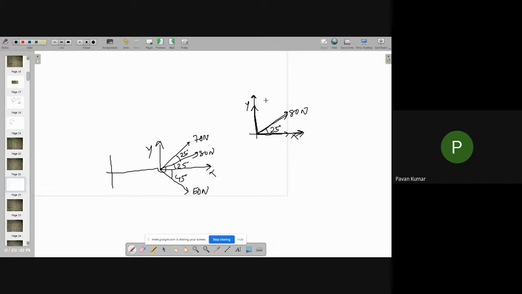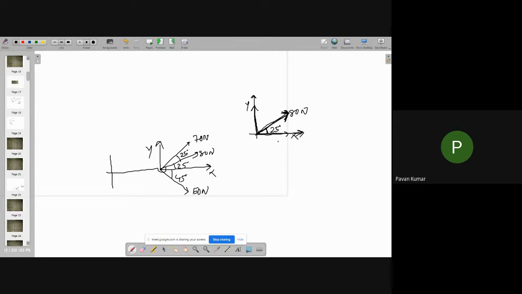Always be vigilant about the direction, because the force will have magnitude and also direction. The problem that students face in mechanics is that they usually misjudge the direction. Here the force is going upwards, so its components will also go upwards like this.